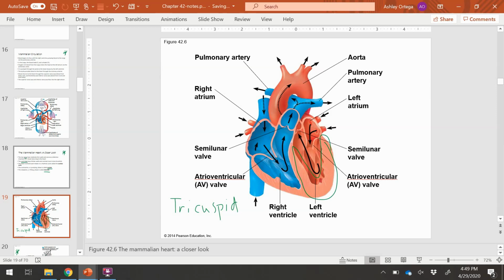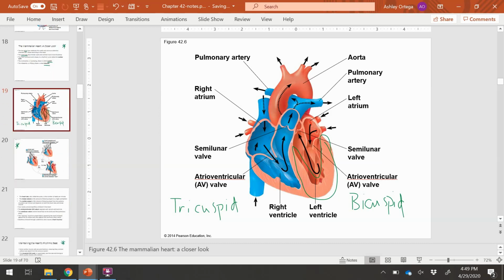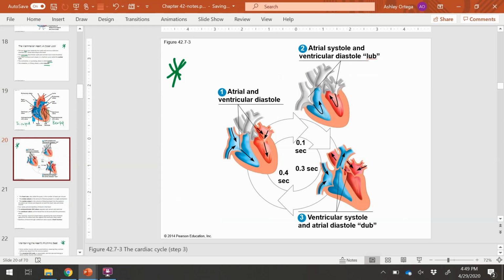And it has both the atrioventricular valve, which here is going to be bicuspid, and then the semilunar valve as well, that's pushing blood into the aorta. And so how does that cycle happen, you may ask? And that's what we'll see here.